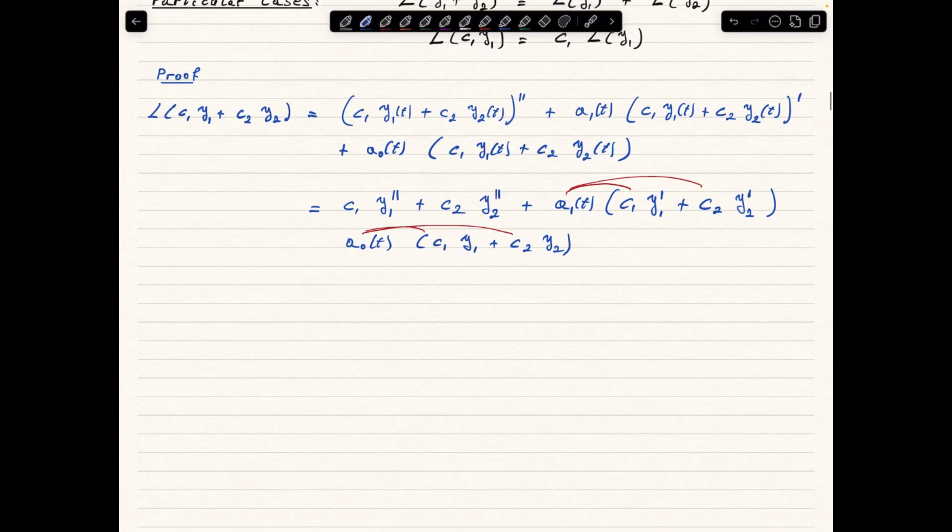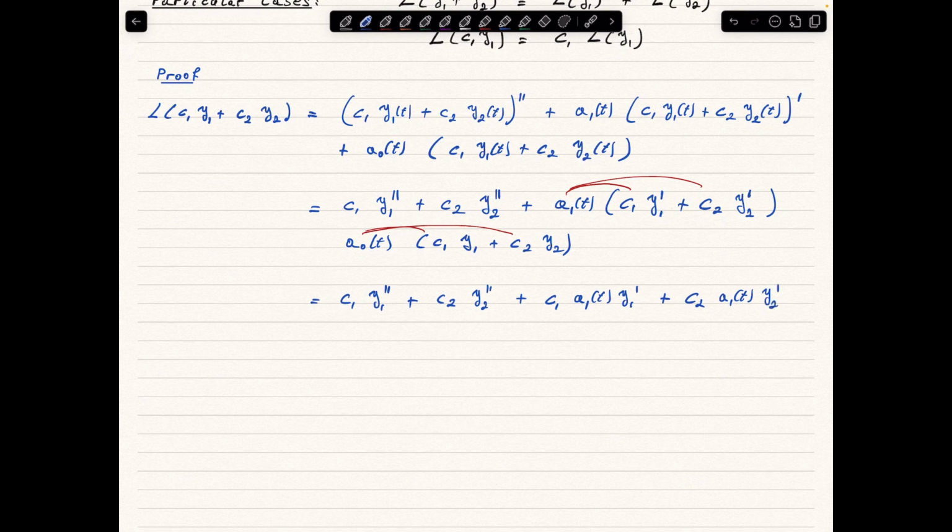And what we get is something like this. The first terms are the same. They don't have an extra factor. Now we are going to have c1 a1 of t y1 prime, and then c2 a1 of t y2 prime.